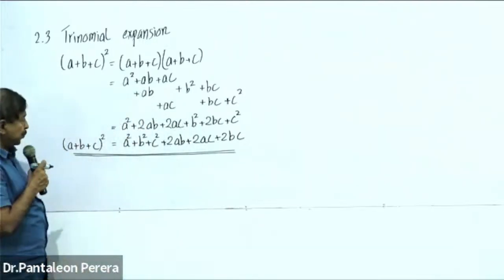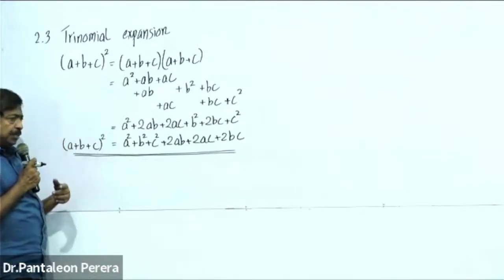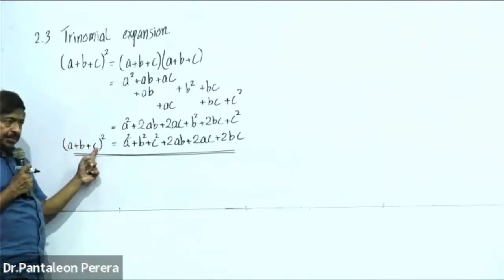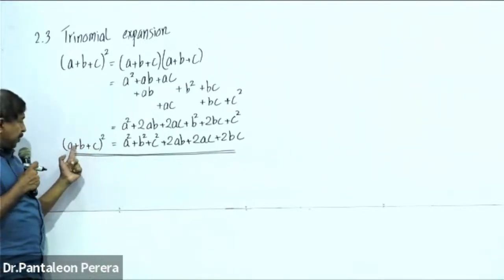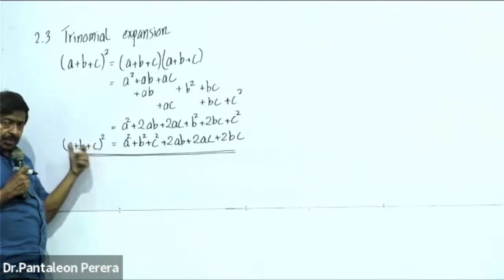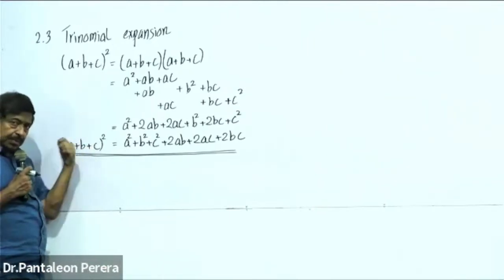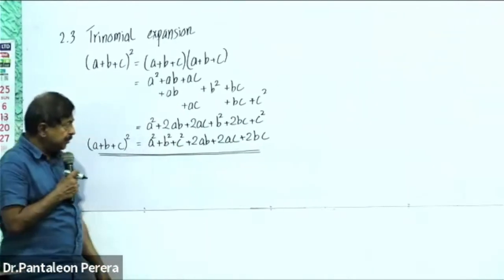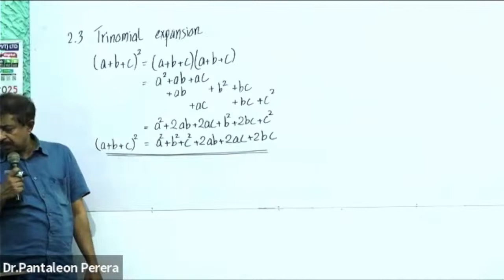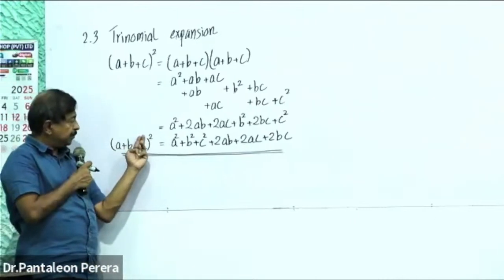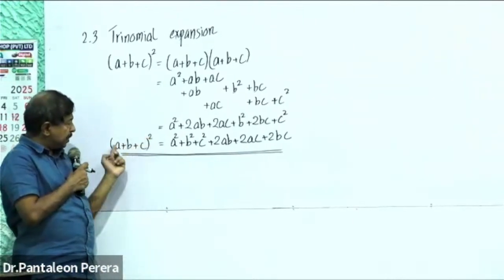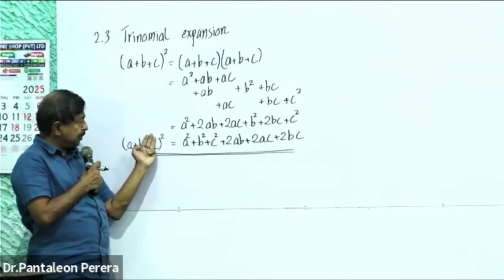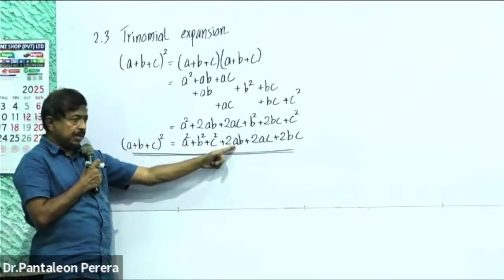Now this is how you have to go with the trinomial expansion. You have 3 terms. So you square each and every term. So you get a squared plus b squared plus c squared. Now you need to take care of the other 3 terms. This is how you do it. You close c and just multiply what you see. 2 times a times b, 2ab.